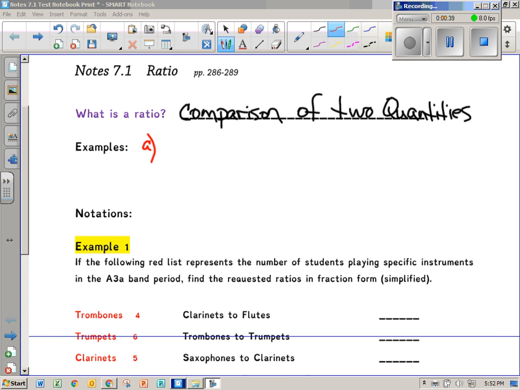So I could compare saying there is one teacher per 15 students. That's a ratio in words. And I'm going to write two more in words, and then we'll write the notations for them.